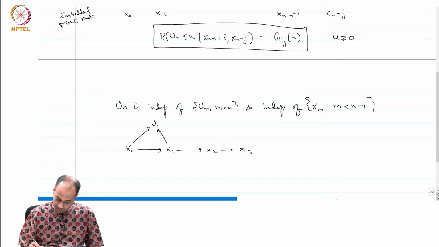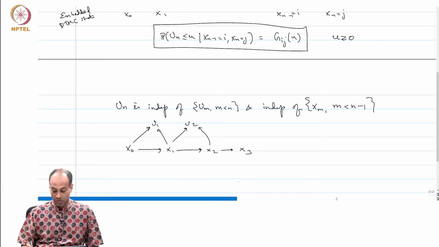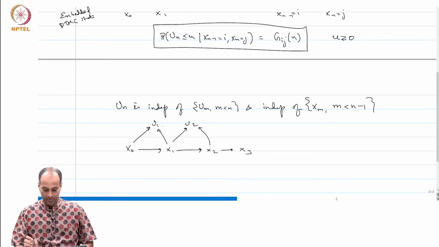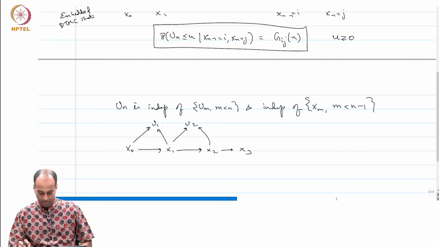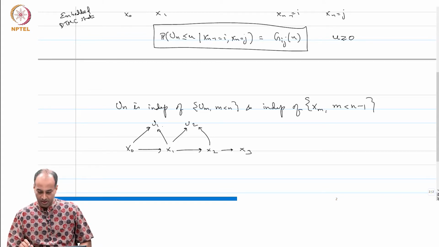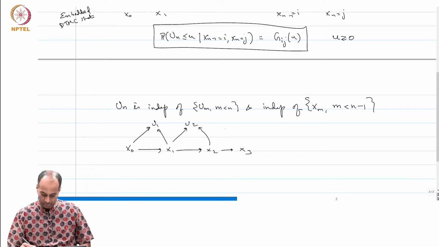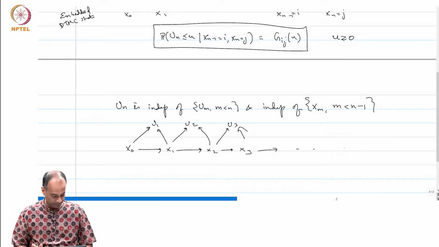Now, the dependence of the U's is such that U2 depends only on X1 and X2, all right. So U2 is independent of U1, okay, and U2 is also independent of X0, and generally Un is independent of Xn minus 2 and so on, okay. So this is the dependence structure.